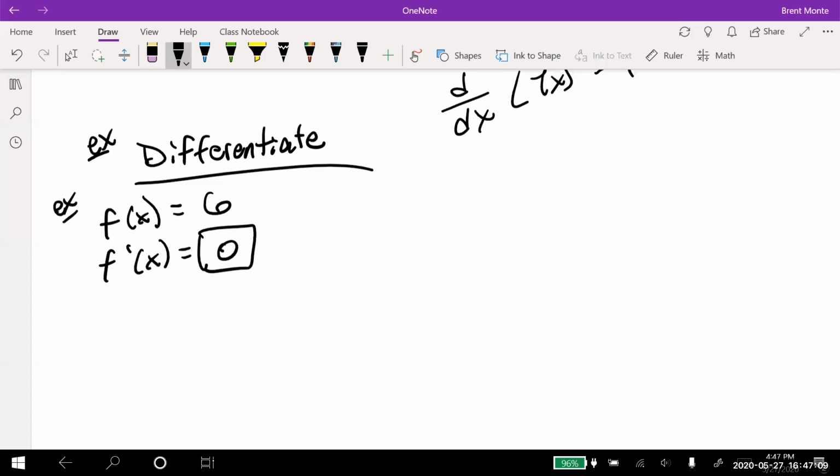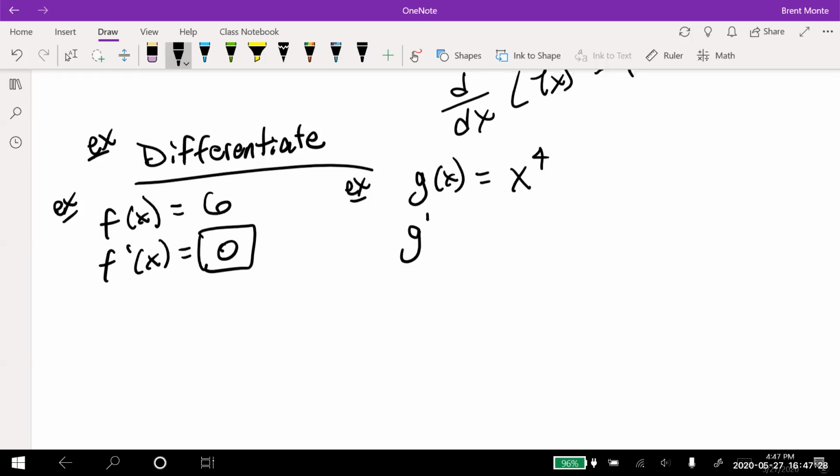What about, as an example, let's take the derivative. Let's say g of x, we'll name it something different this time, is x to the 4th power. Oh, power rule.